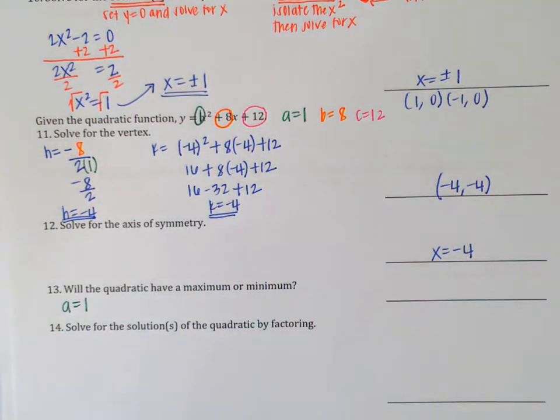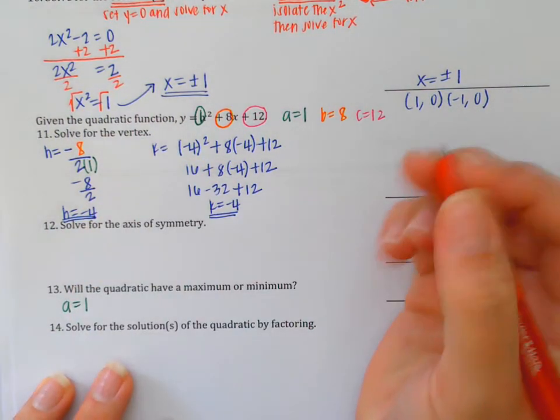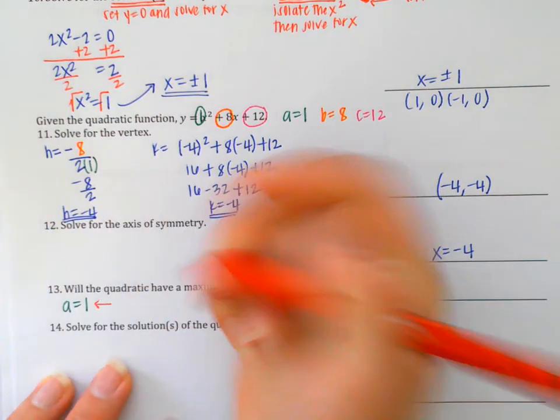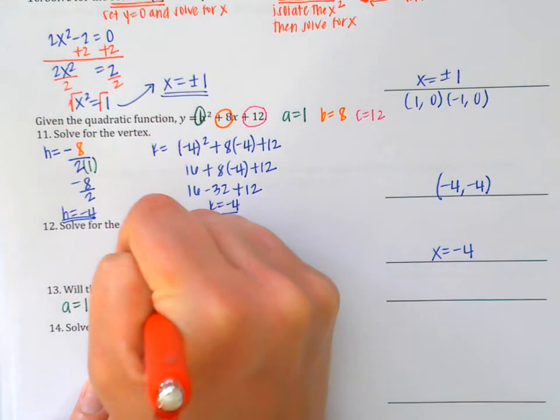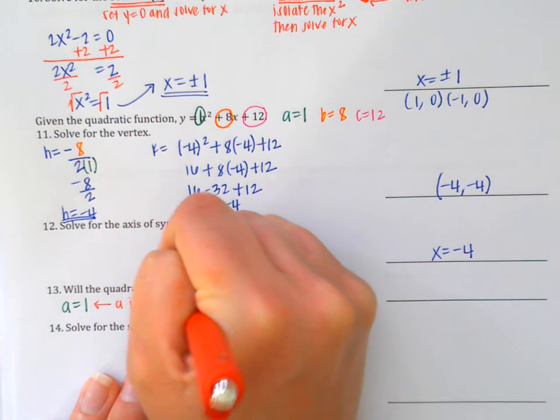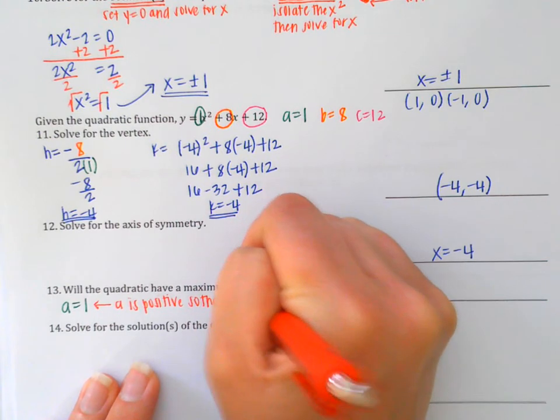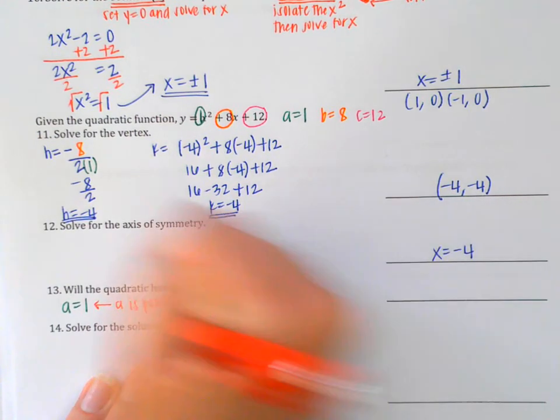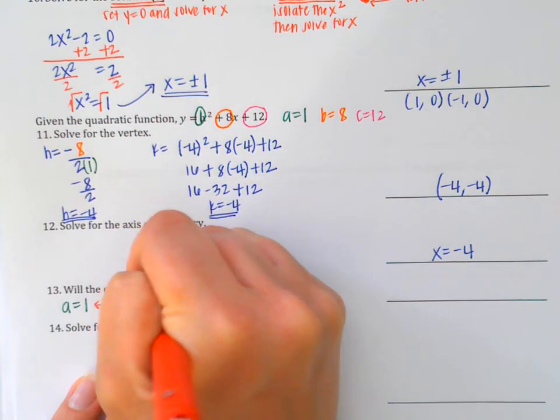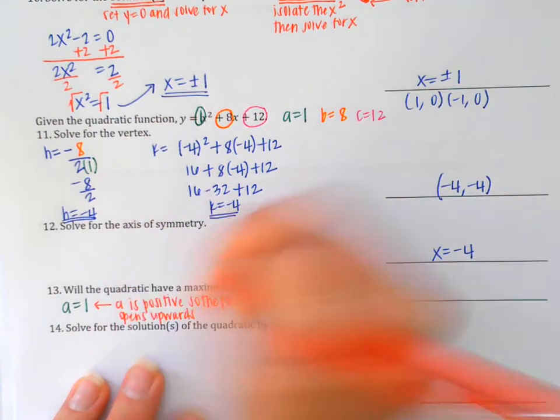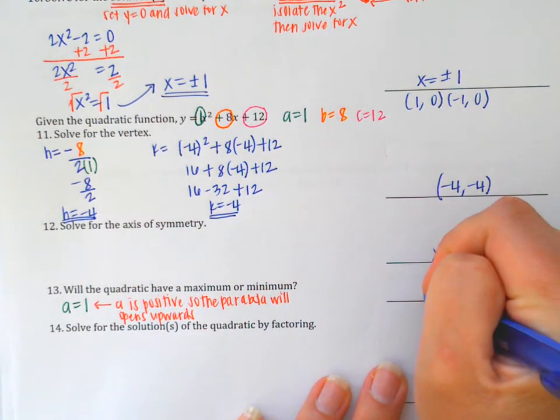So because our a value is 1, that tells me, again, that the parabola is going to open upwards. So it's just like number 9. So that tells me that the vertex is going to be a minimum.